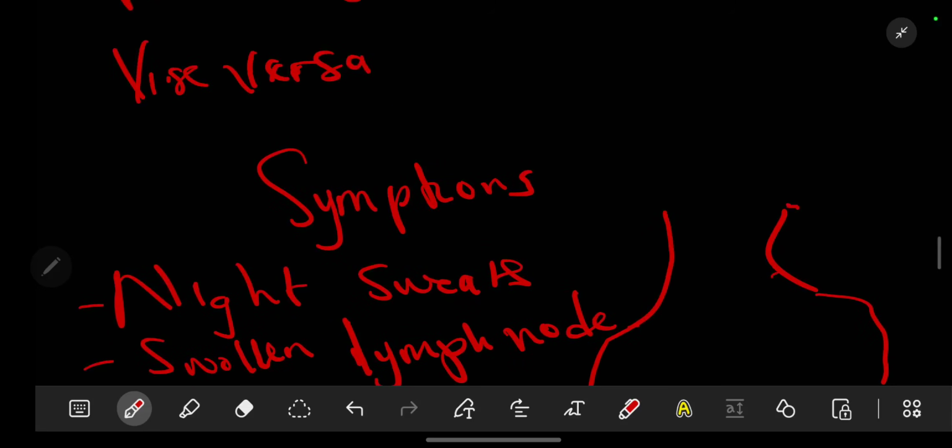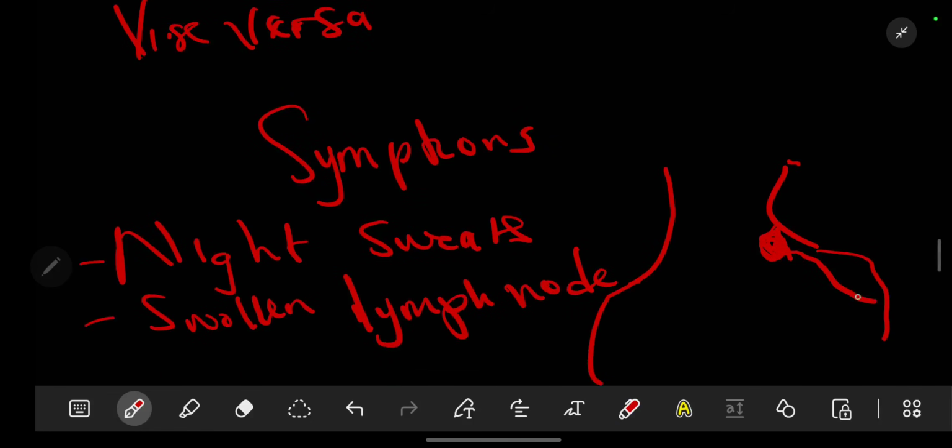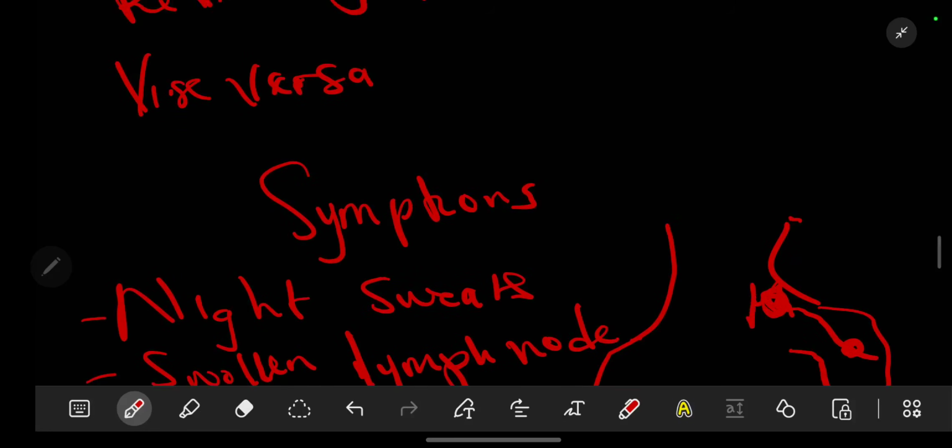If this is the neck, we have the thoracic lymph node here where they are produced. We might have the axillary, which occurs in the armpit. So if you have a swollen lymph node, that is one of the signs of HIV.